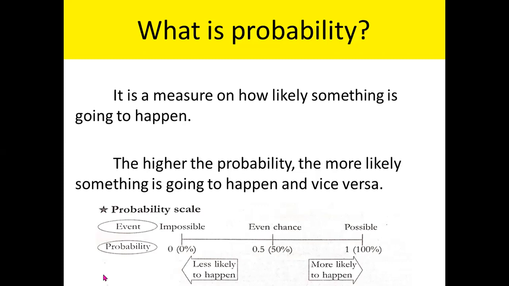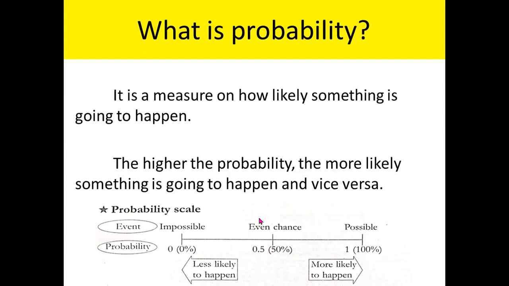If you are to put it on a probability scale, is it impossible? Is it less likely to happen? Is it a 50% chance? Is it more likely to happen or 100% to happen? Kaimuk, please unmute. The event is the sun will rise in the west. Use the probability scale.